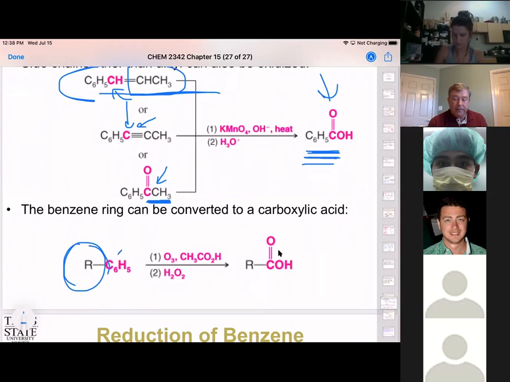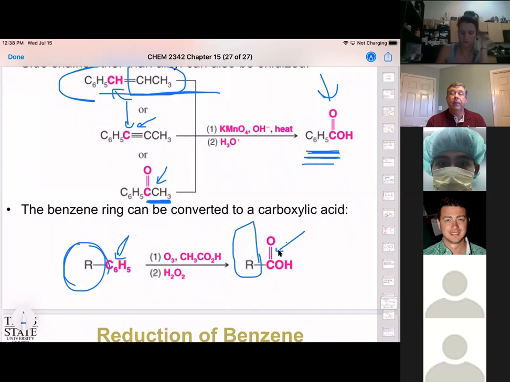It actually attacks the benzene ring, and you end up with the saturated alkyl chain, and one of the carbons from the benzene is the carbon in the carboxylic acid. Okay, so this is the only reaction I think we have, I'm double checking my memory, where the benzene ring is the oxidized species. In all the other systems with nitric acid, sulfuric acid, we have substitution reactions.